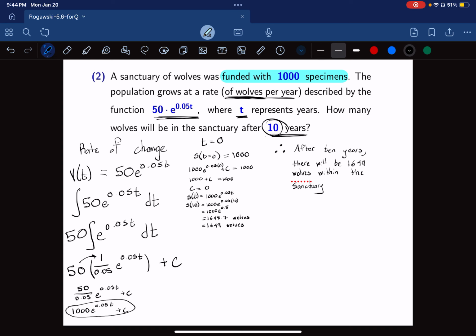And then finally, figure out what your original equation is, what it's asking you to find, whether it wants you to find a rate of change, an original equation of how many, or a position equation, an acceleration. No matter what it wants you to find, you are equipped with how to solve it. Otherwise, you would not be given this question.